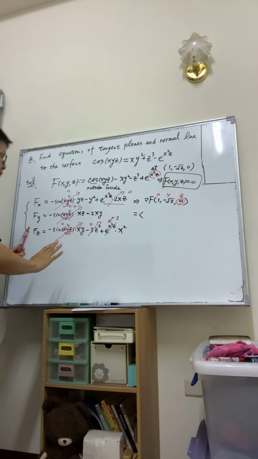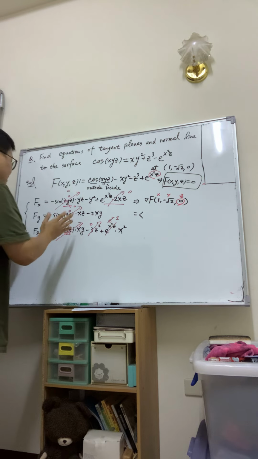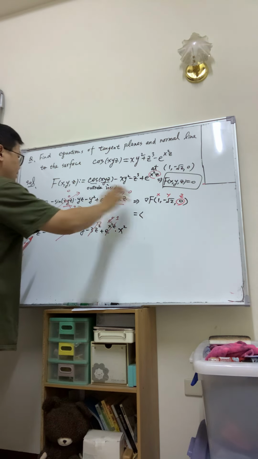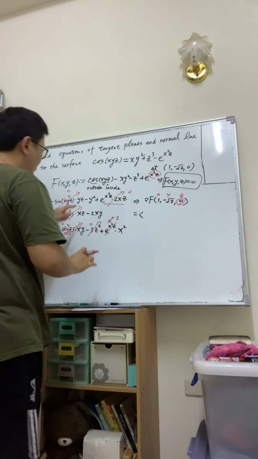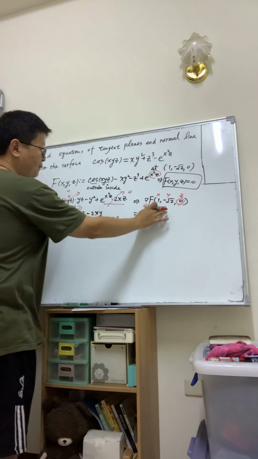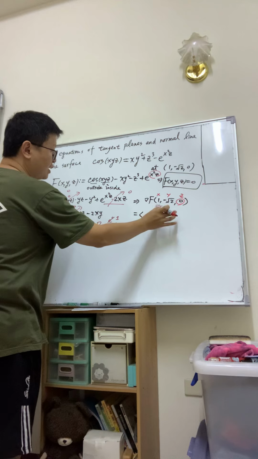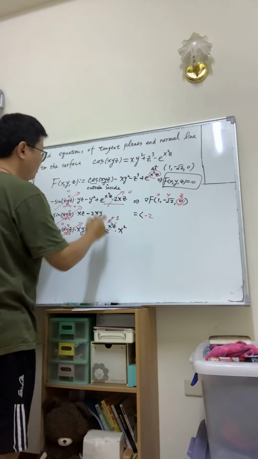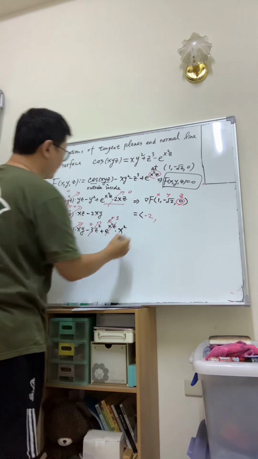So actually you can cancel some of them. It seems complicated, but once you plug in the values, it's not complicated. The first term is subtract negative square root of 2 squared. Squared is 2, so negative 2 plus 0, just this one.